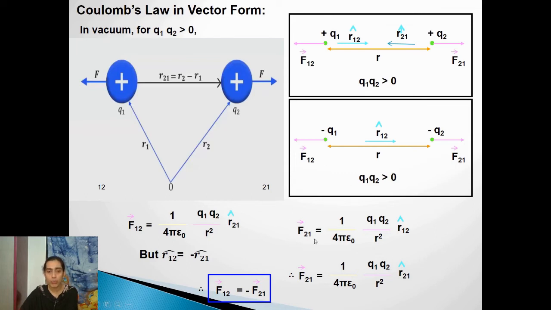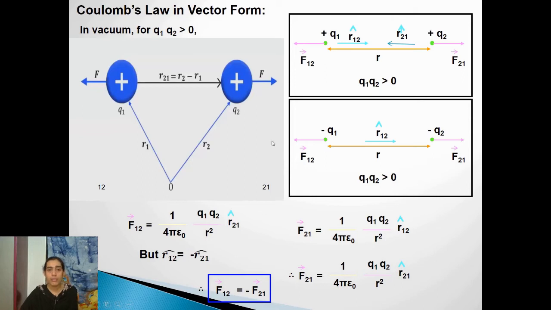Vector F21 is equal to 1 over 4 pi epsilon naught, that is the force constant, Q1 Q2 divided by R square, the product of these two charges and the square of the distance between them, and R12 cap. What is this R12 cap? It is the unit vector which will be directed towards the charge 2, which gives the direction of the force exerted on this charge 2, right?